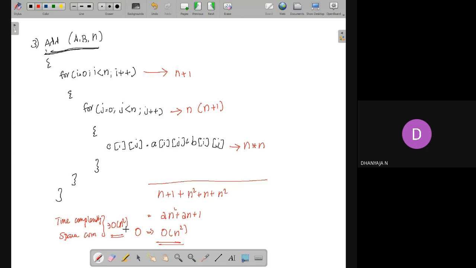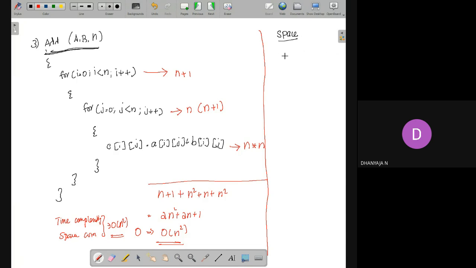Okay. Now I'll ask another question. I have written that the time complexity will be n square and space complexity will be n square, and you are agreeing with that. Now let me ask a simple question. How is the space complexity becoming n square?